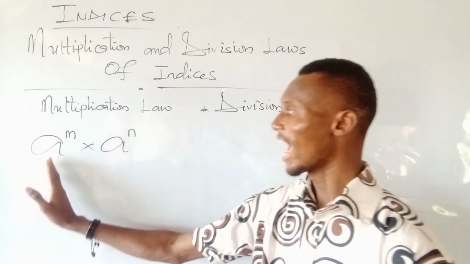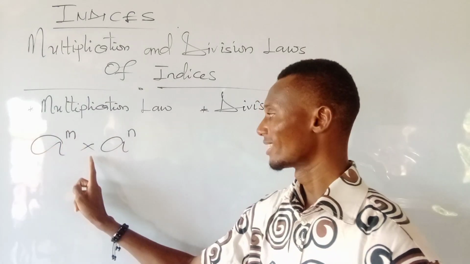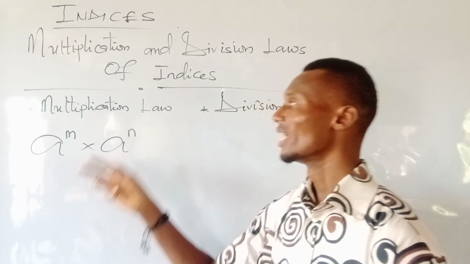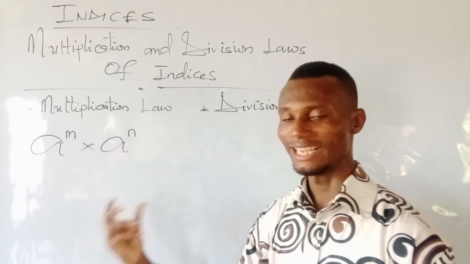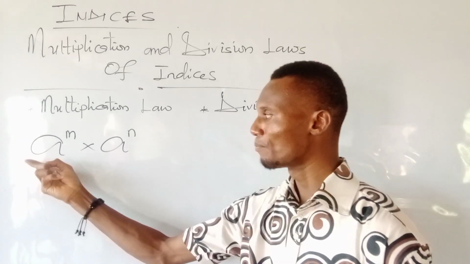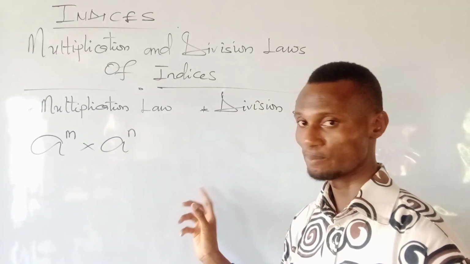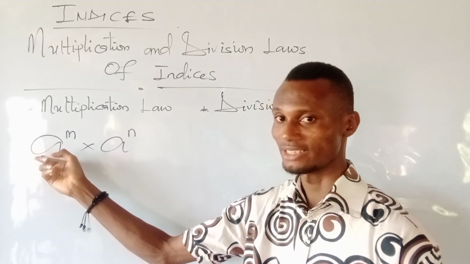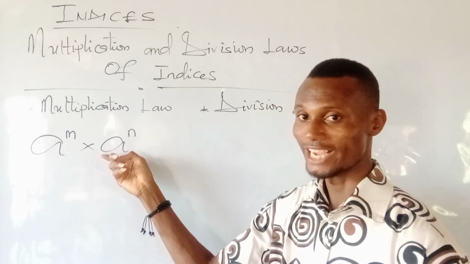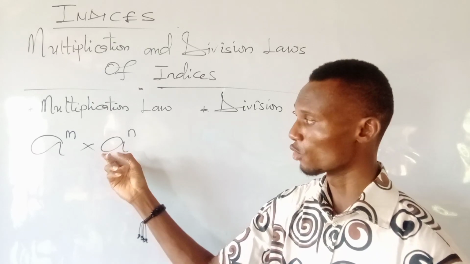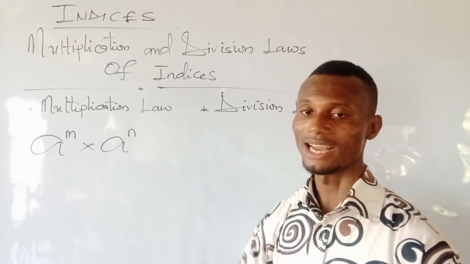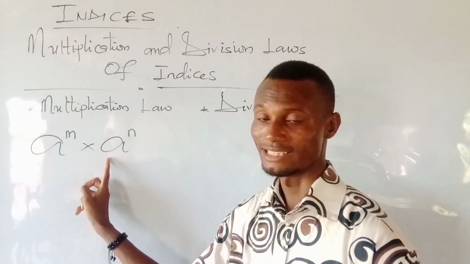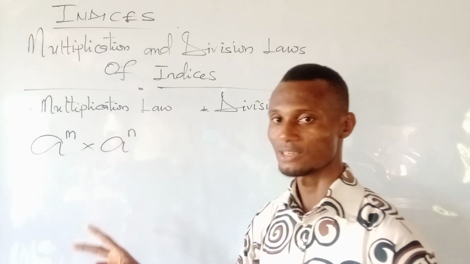So I have a to the power m times a to the power n, they are multiplying. The multiplication law under the indices says that when the bases are the same, and I've already explained that this is called the base, so the variable a here is the base and this variable a here is also the base, and when they are multiplying, then the law applies. There are two conditions: the bases are the same and they are multiplying.